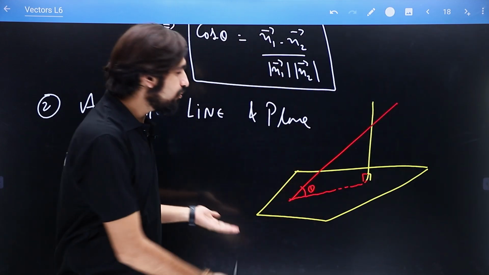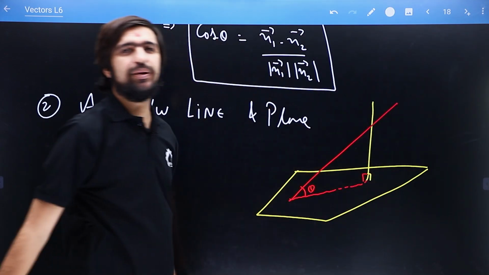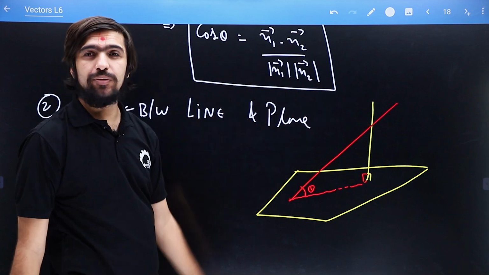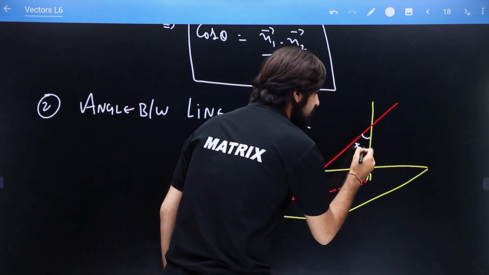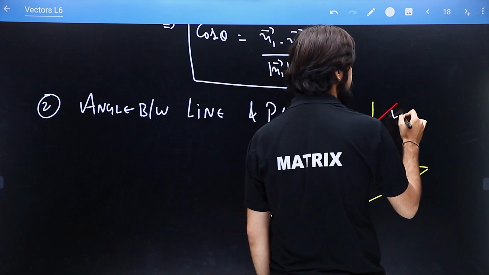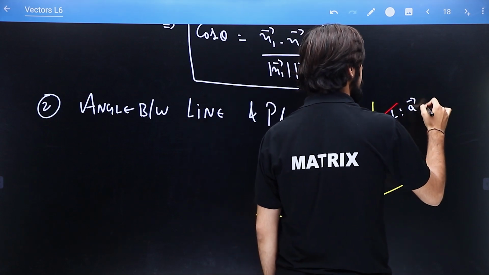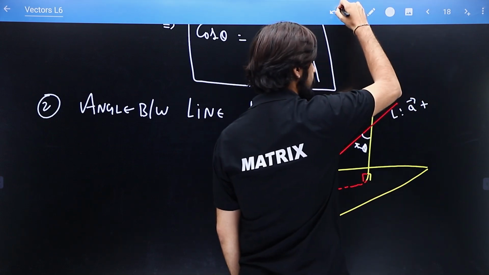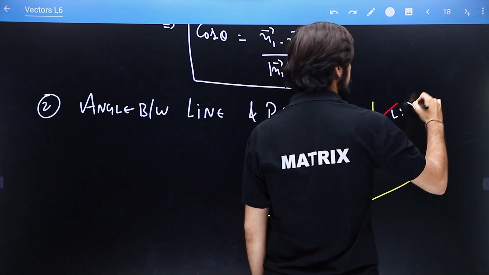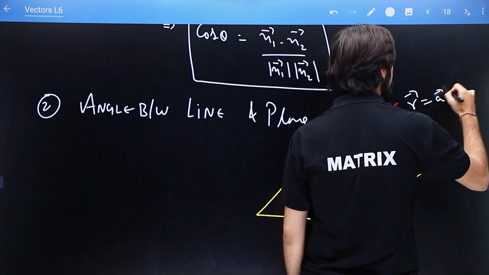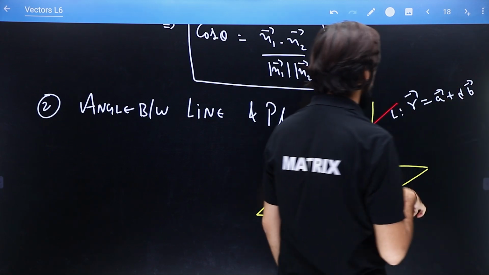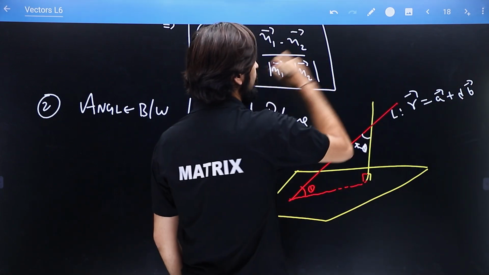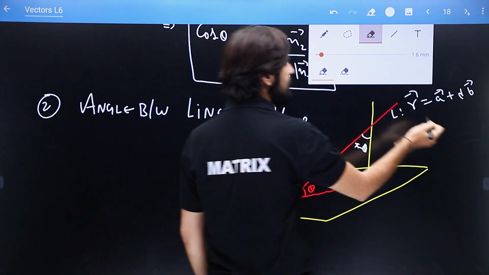Now you don't know any direction in the plane, but you know the normal direction. So this is pi minus theta, and let's say the red line's equation is vector r equals vector a plus lambda times vector b. Instead of writing b, I will write it as p because we generally write it as p.